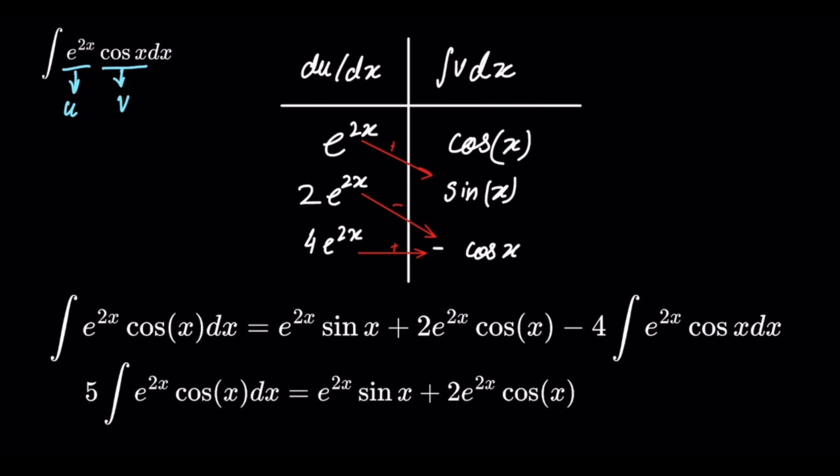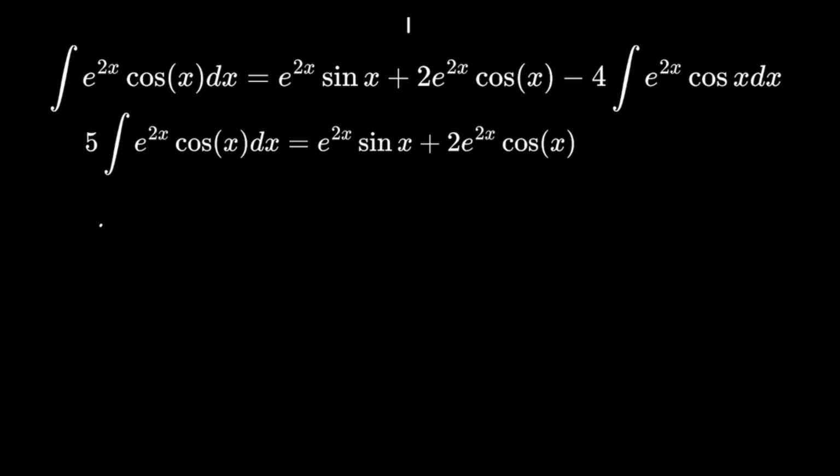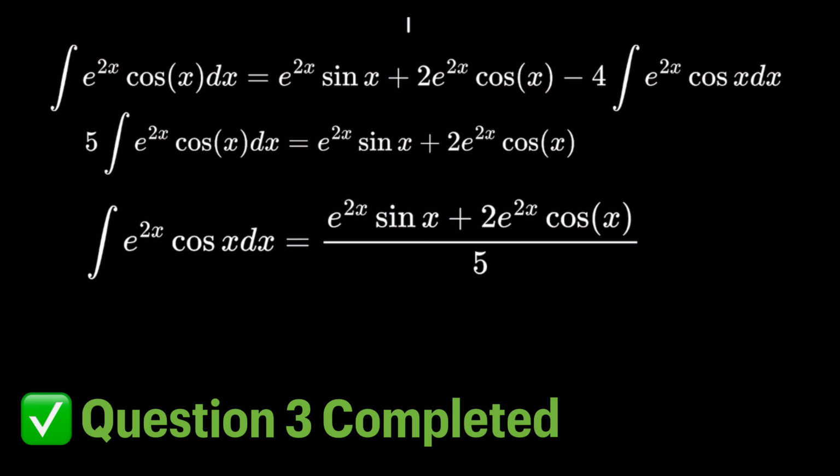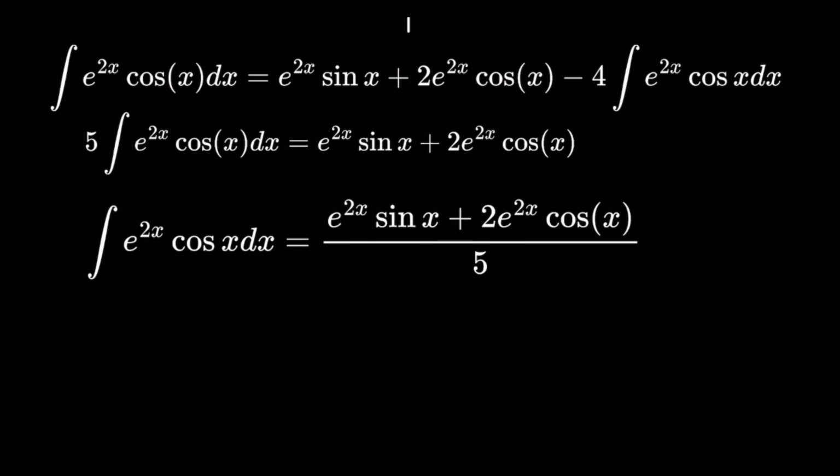So our final answer is going to become this. This is how we integrate a product of exponential and trigonometric functions using tabular method plus algebra. It saves time compared to repeating the integration by parts twice.